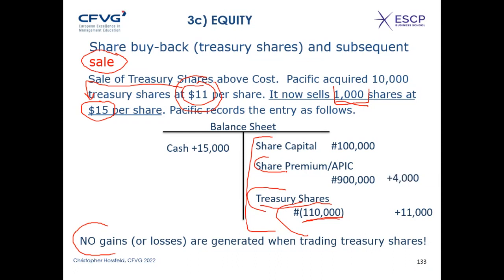It's 4,000: 1,000 shares times the difference between the selling price, 15 euros, and the book value, 11 euros. So you can see this as a premium that people pay me because I give them shares that I had with the value of 11. I make them pay 15. So even those shareholders pay me a premium of 4 times 1,000 shares. And that's what I have.